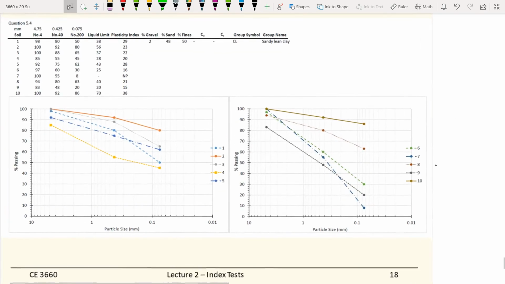The overview is that when we give you the test results, which are the sieve test, the hydrometer test, and the Atterberg test results, you're able to come up with the group symbol and group name per the USCS classification standard. That's the expectation for this course and for the exams.